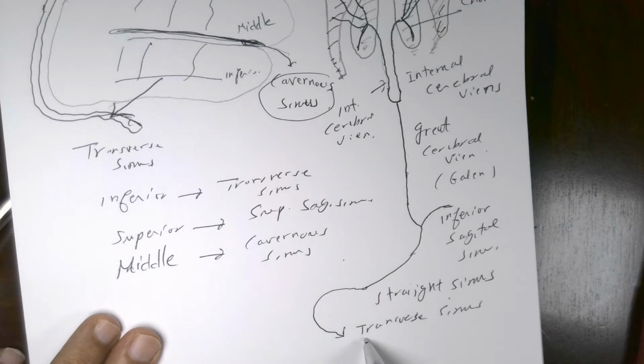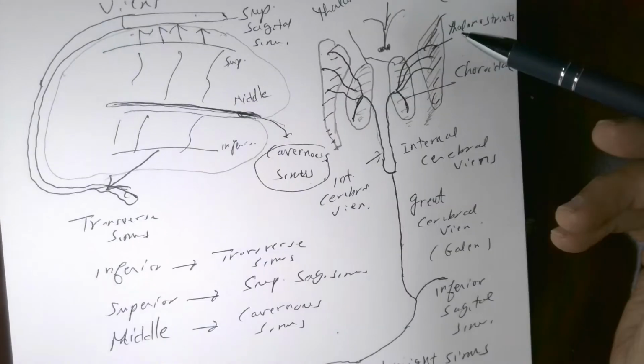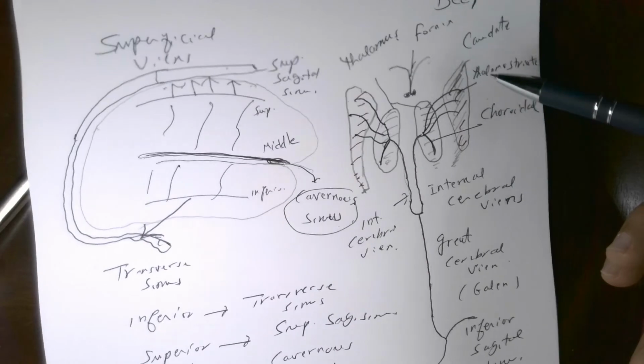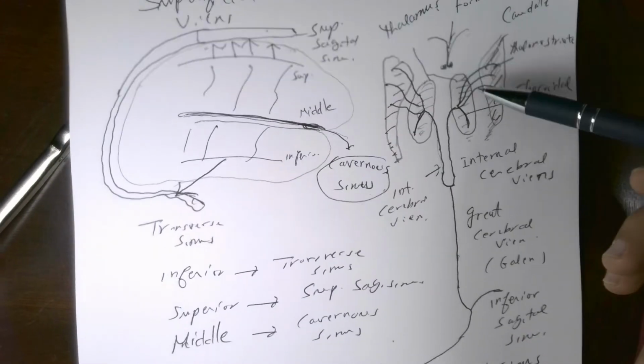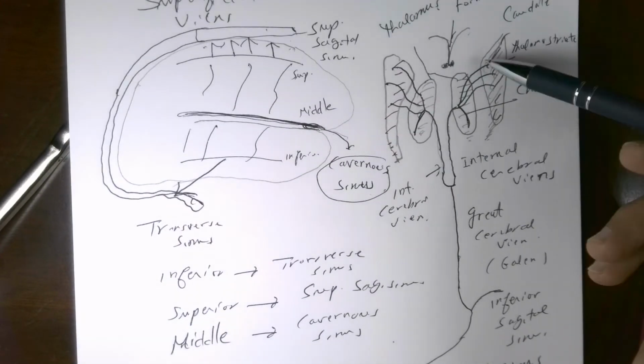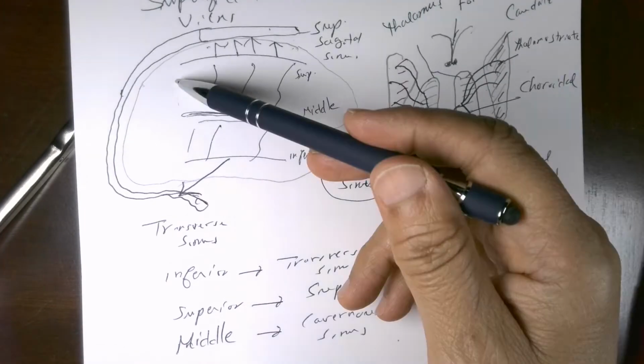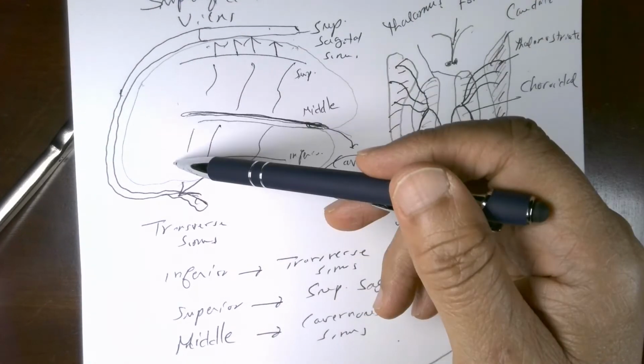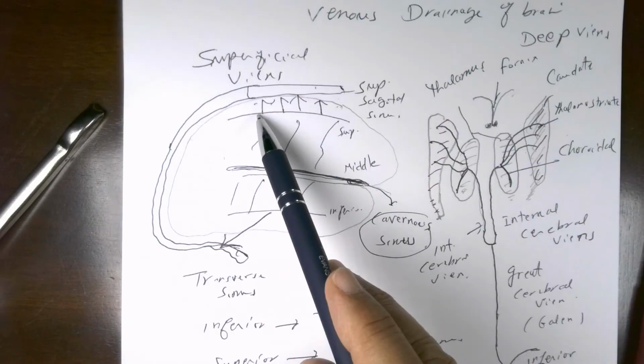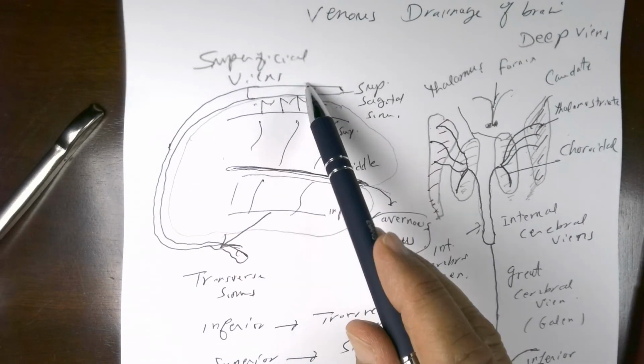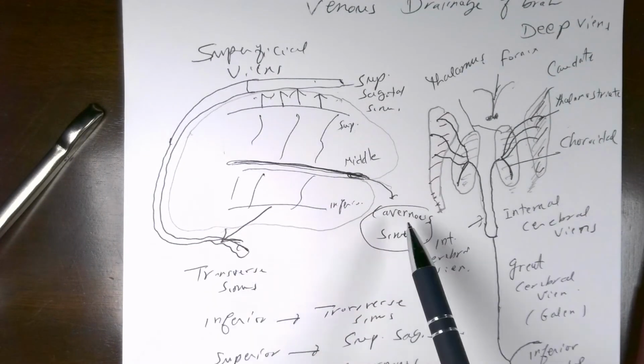Okay, so let me ask you this question: what is the final destination? As you see, cerebral veins end into dural sinuses, like the superficial veins going to the superior sagittal sinus, transverse sinus, cavernous sinus.